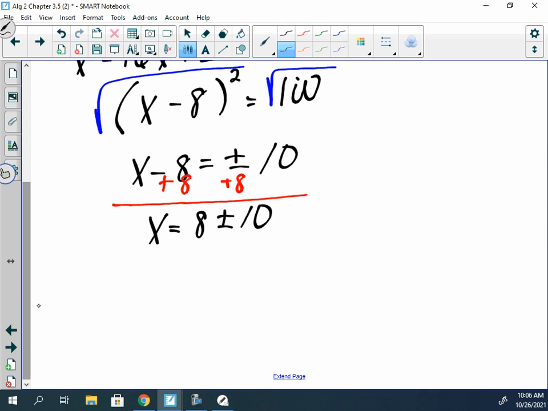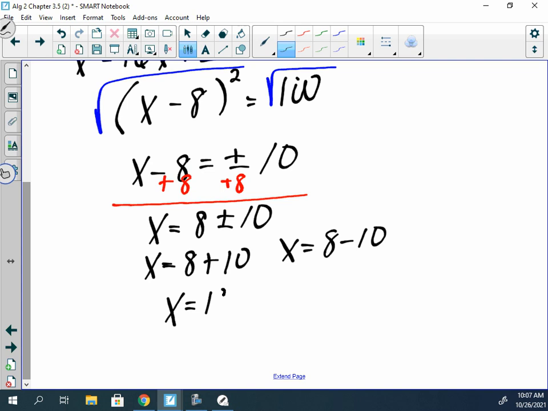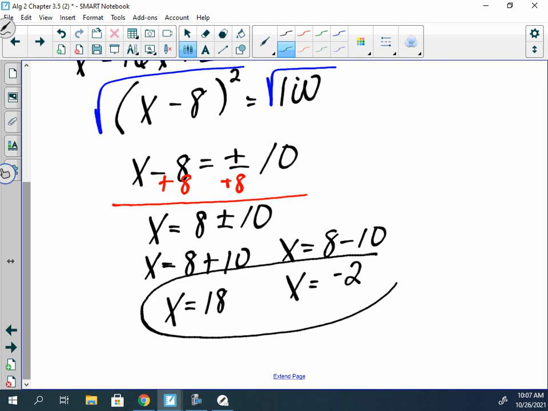Can we add 8 and 10 or subtract 8 and 10? Yes. So we do need to do that. We need to say that x is equal to 8 plus 10, or x is equal to 8 minus 10. Well, 8 plus 10 is 18, and 8 minus 10 is negative 2. And those are our two answers.